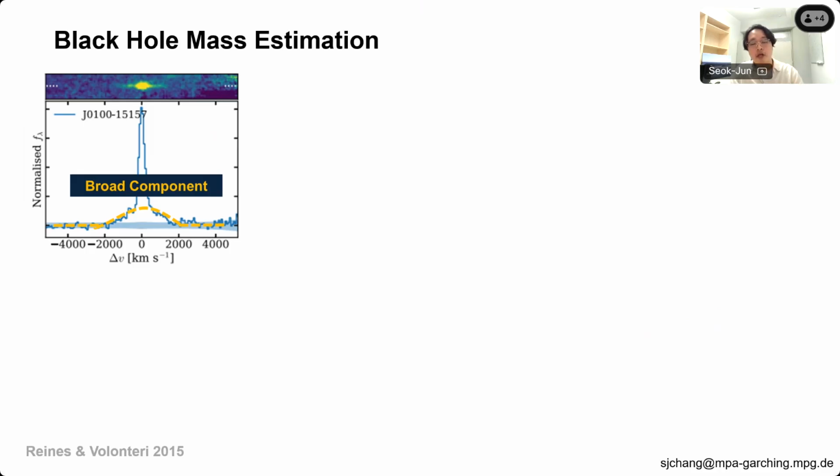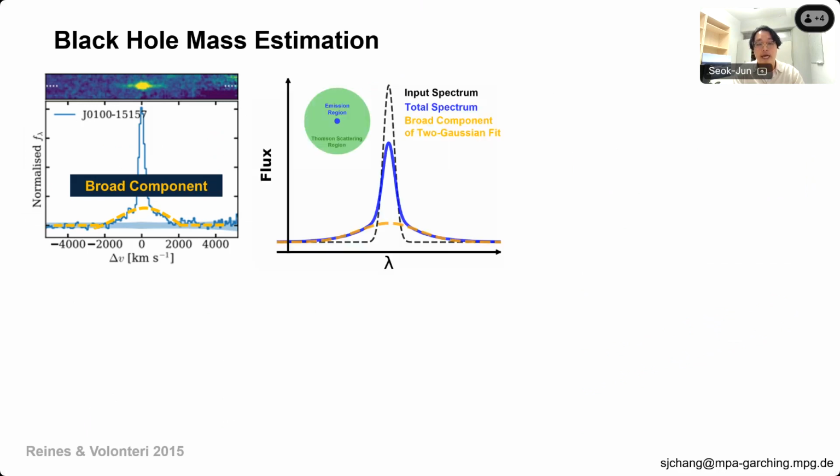As I mentioned earlier, to measure black hole mass in LRDs, people use the broad component. For this test, I assumed an input narrow spectrum, ran the Thomson scattering simulation, and got this escaping spectrum, in blue. Then with a two-Gaussian fit, I got the broad component of this escaping spectrum, which is the orange line.